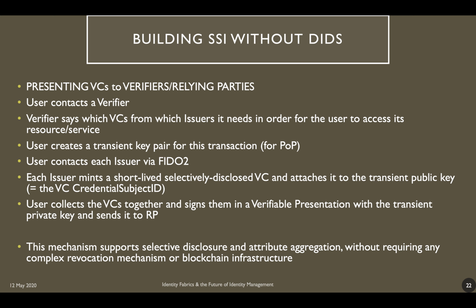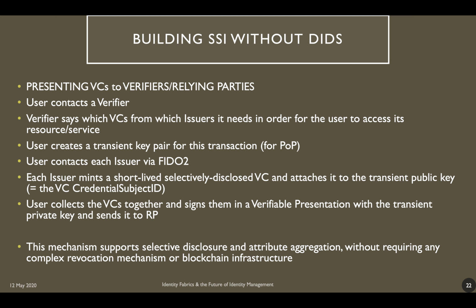So suppose now the user wants to access some protected resource of a verifier, or relying party. Well, the user contacts the verifier, which sends its policy to the user telling it which VCs it wants containing which attributes from which trusted issuers, and the user agent now creates a transient key pair for this transaction so it can prove possession of the verifiable credentials.